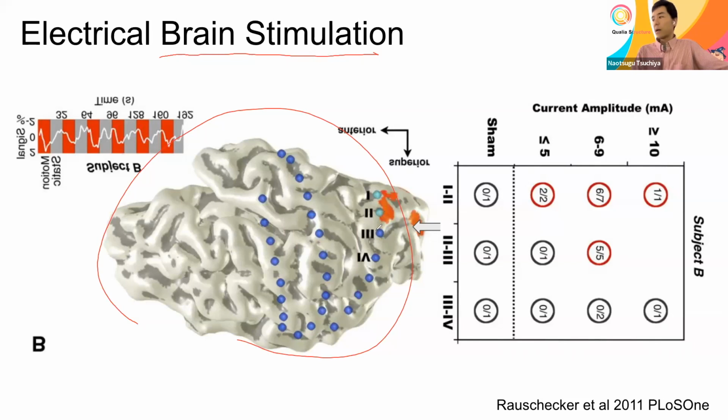And in this case, stimulation always needs two electrodes. One is passing the negative current, negative charge, and the other side is positive. So you always need a pair.